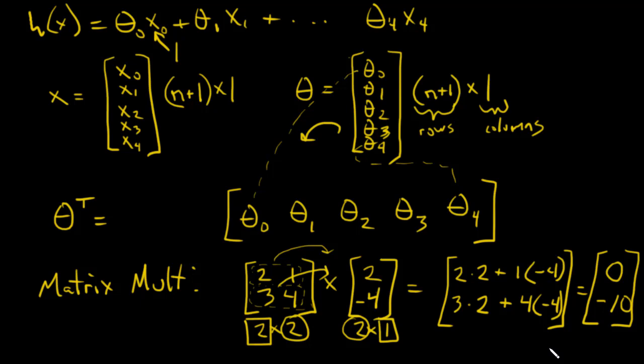So this is the basic review of matrix multiplication, and the reason that we're setting this up is so that we can use our x vector and our theta vector, especially in terms of theta transpose. So let me clear this, and then we will knock that out.